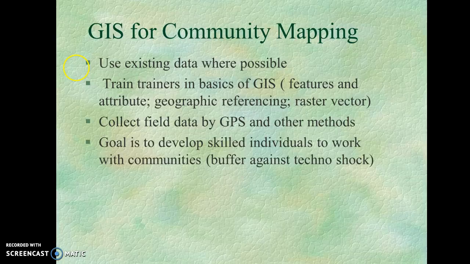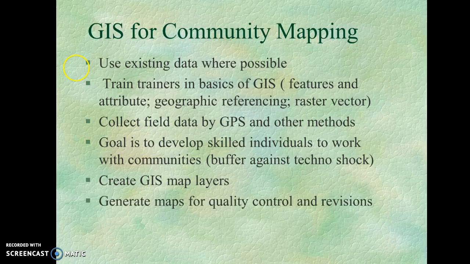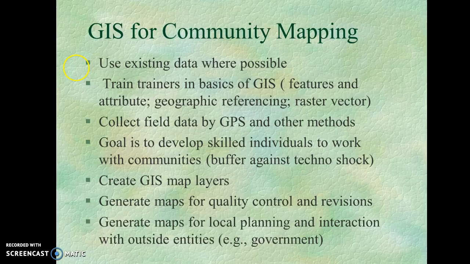And the goal is to develop skilled individuals that will work with the communities and to give a little bit of a buffer against this sort of technology shock. And create GIS map layers, generate maps that can be used for quality control and revisions among the community, passed around the community. And then finally, generate maps for local planning and interaction with outside entities such as the government.